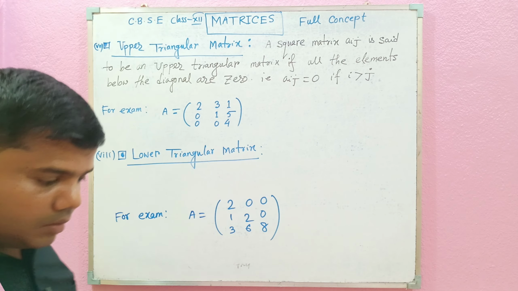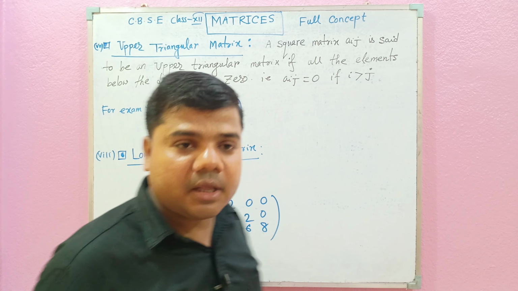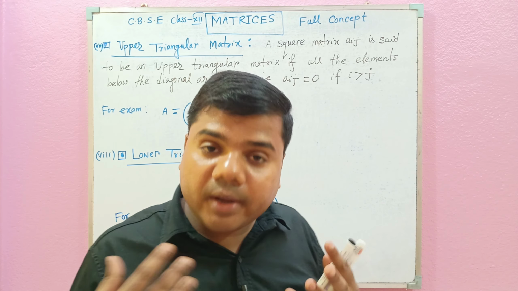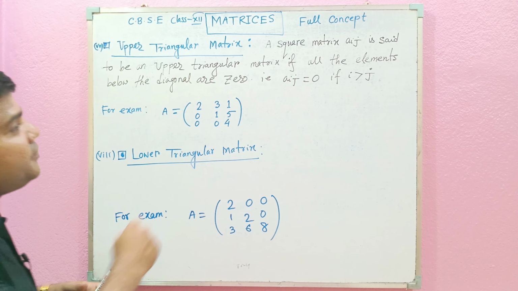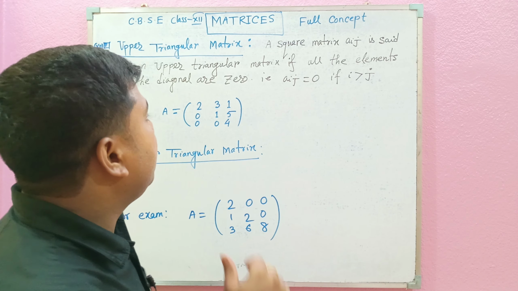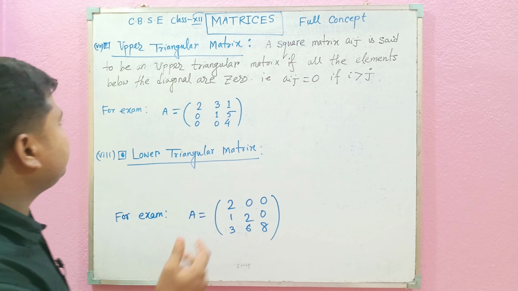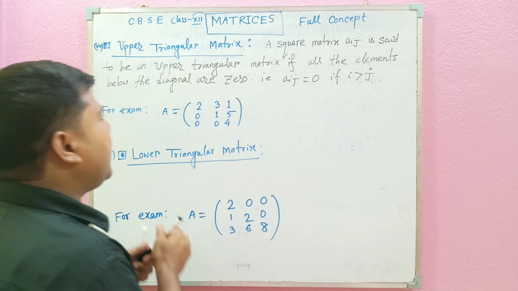Now we shall discuss the upper triangular matrix and the lower triangular matrix. What is an upper triangular matrix? A square matrix is said to be an upper triangular matrix if all the elements below the diagonal are 0.